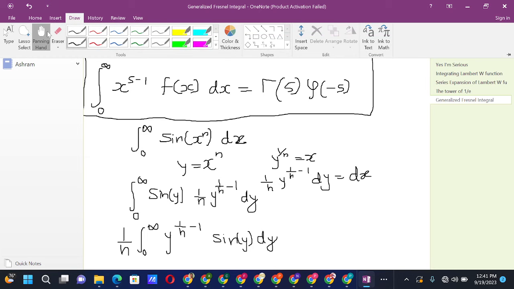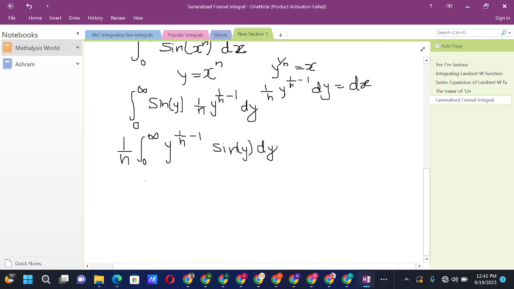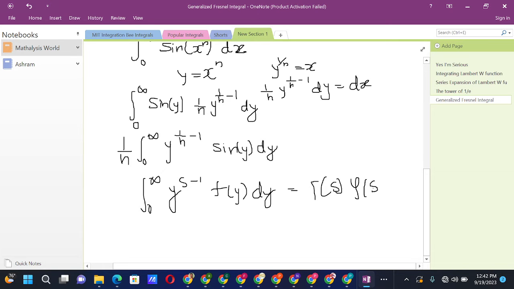Now we'll compare it with Ramanujan's required integral, the integral from 0 to infinity of y to the power s minus 1 f of y dy, which is gamma of s phi of minus s.